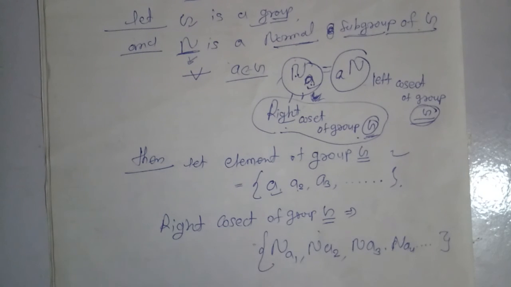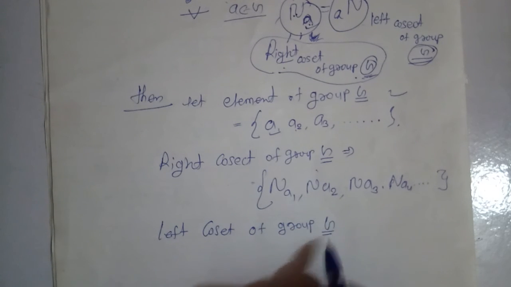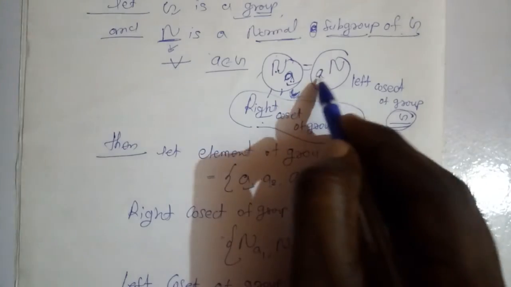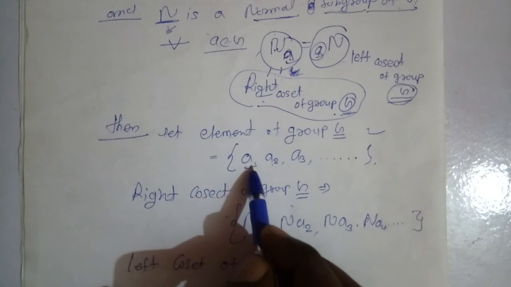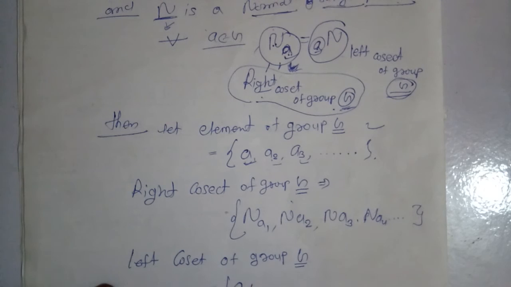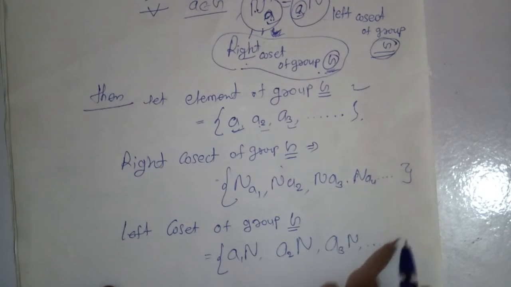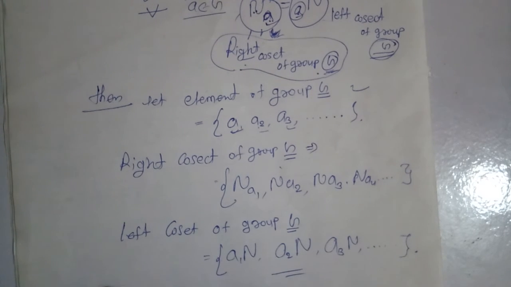And then we can also write the left coset of group G, also mentioned here aN, and the A elements are A1, A2, A3, and then included here A1N, A2N, A3N and so on.